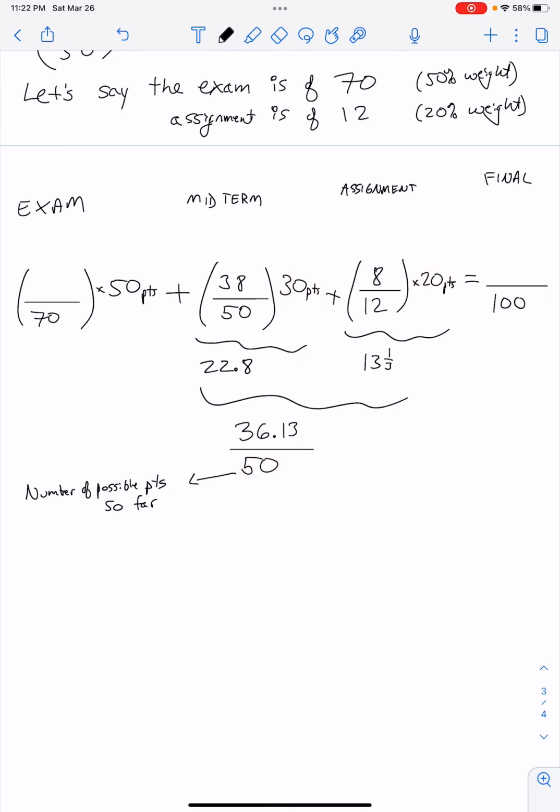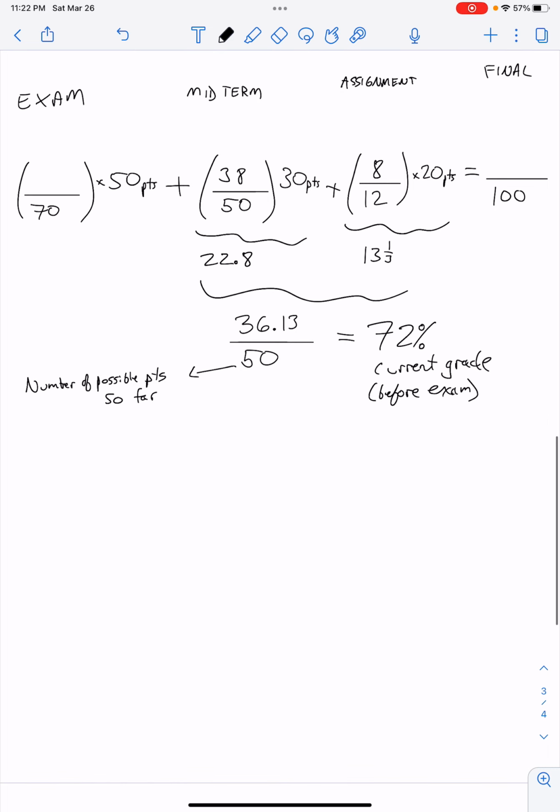And so that means your current grade is basically 36 divided by 50, so 72. That's before the exam. So you're going in at 72. Well, that's respectable. But hopefully, hey, look, I want to do better.